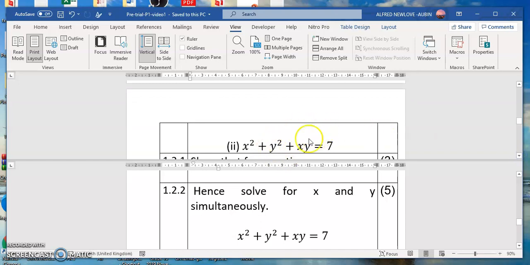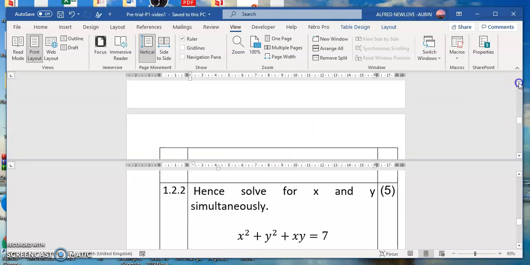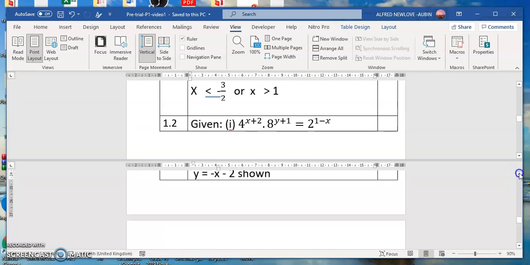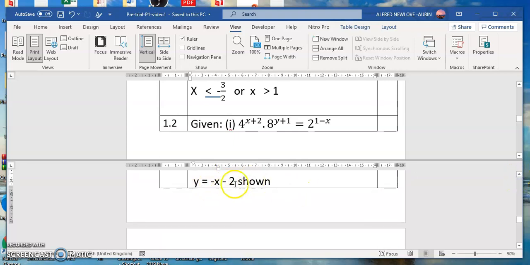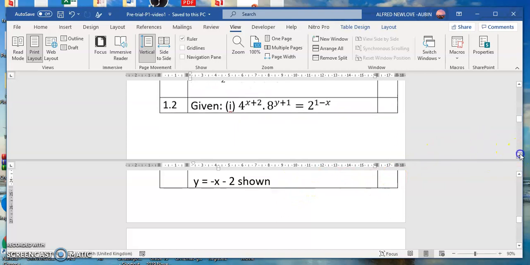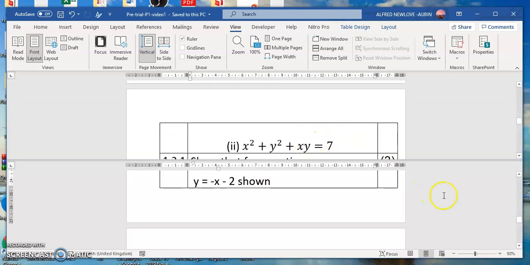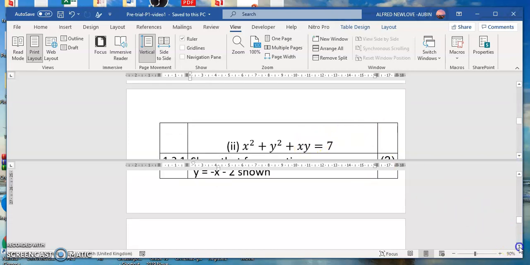This first equation has been simplified to this form. Then the second equation is this one, that is what I've written here.